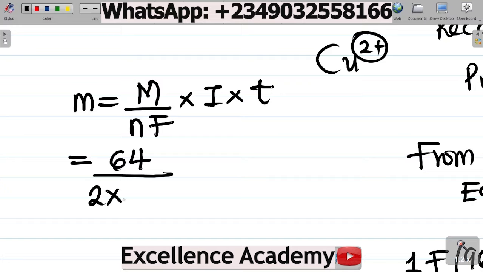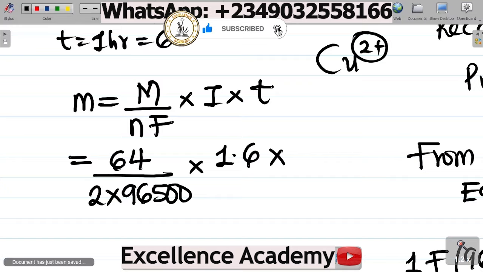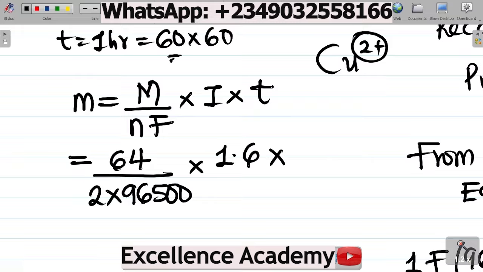They give us F as 96,500. This times the current. The current in the question was 1.6 amperes times the time. The time was given as 1 hour. And we know that 1 hour is equal to 60 times 60, converted to seconds, which is equal to 3,600 seconds.